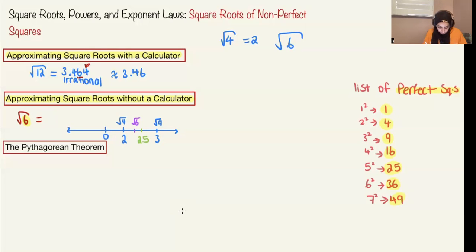We can see that the square root of 6 is going to be around 2.4-ish. And so we go 2.4 approximately, okay?